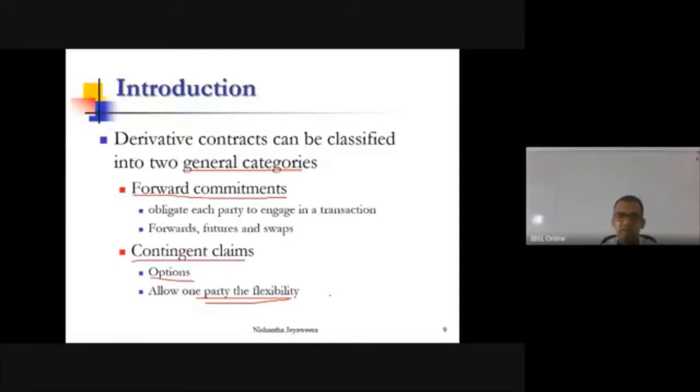If the buyer wants to do something, then the seller has to meet his obligation. But unless certain criteria are met, even the buyer has no right to make any claim from the seller.